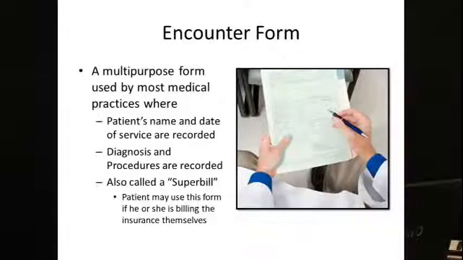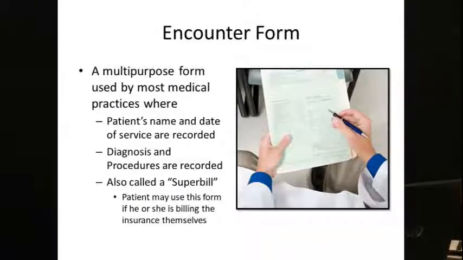All right, next term, encounter form. This is a multi-purpose form used by most medical practices. It's also known as a Superbill, or a charge slip. It's where the patient's name and date is written. The services are checked off. It has CPT codes as well as the ICD-10 codes.